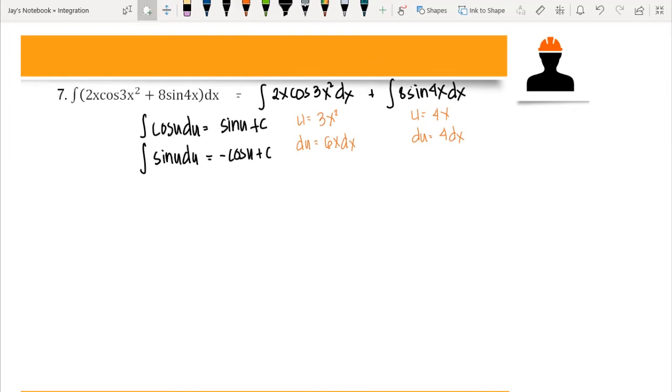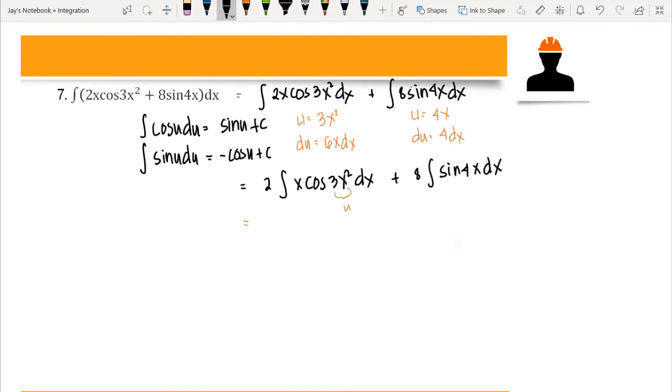So we write the equation as 2 times the integration of x cosine 3x squared dx plus 8 times the integration of sine 4x dx. Now take note, in this case, this is our u, then our du is only x dx. So we need to have a multiplier 6.